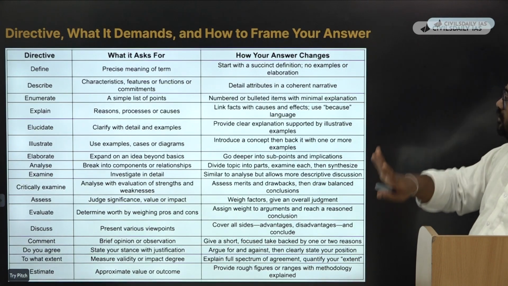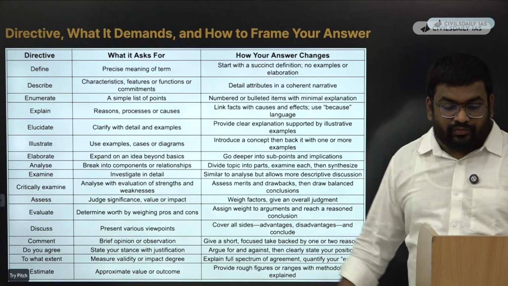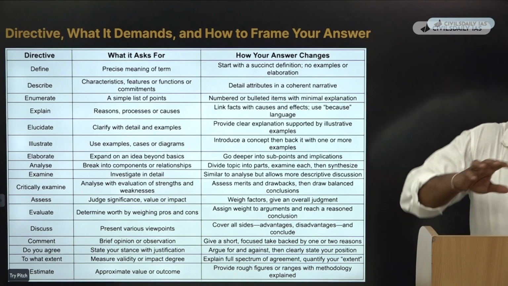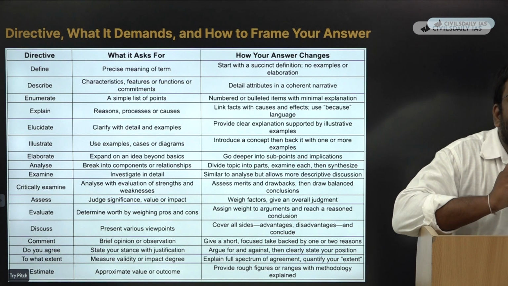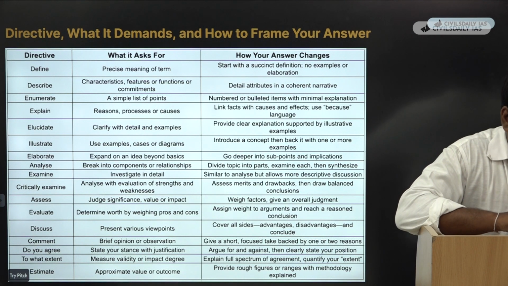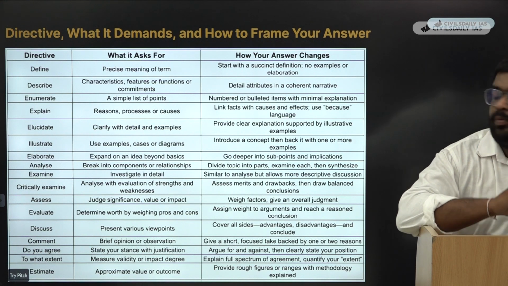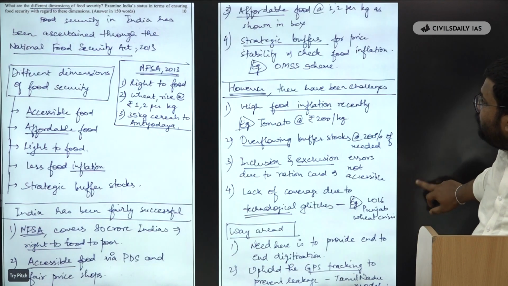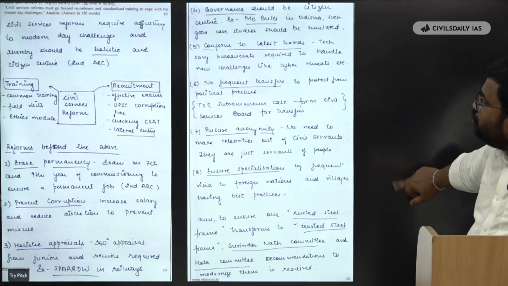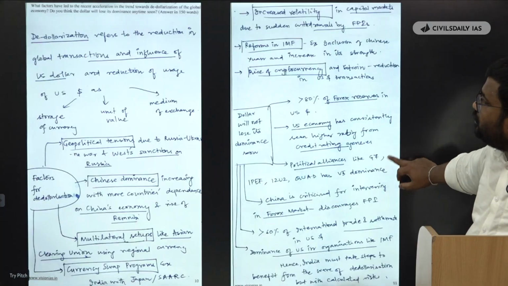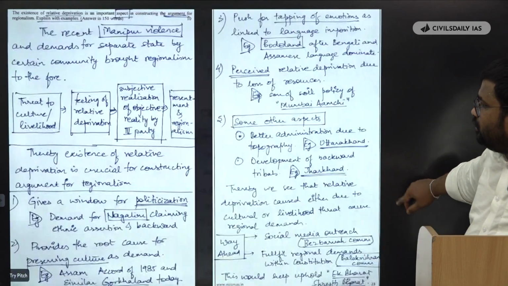Okay, so this is the summary of the directives. So overall, don't worry about or don't go into the detail of meaning of each and every directive. Just remember two important aspects with respect to the answer writing and as far as directive and structuring is concerned.